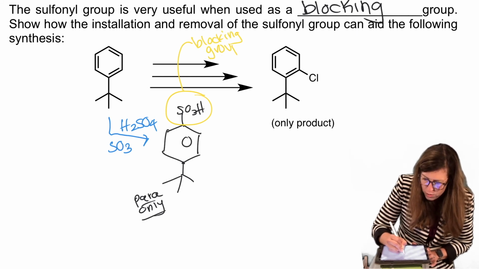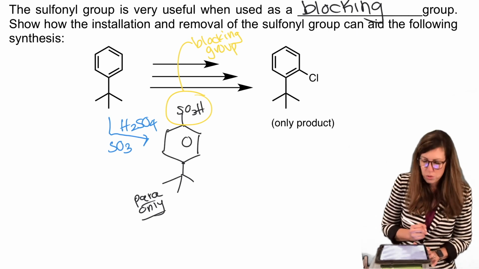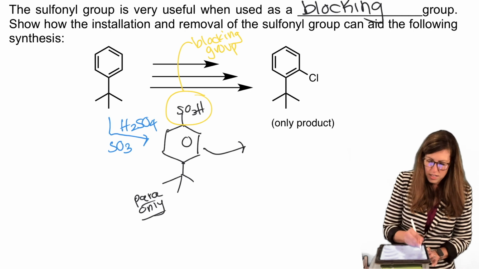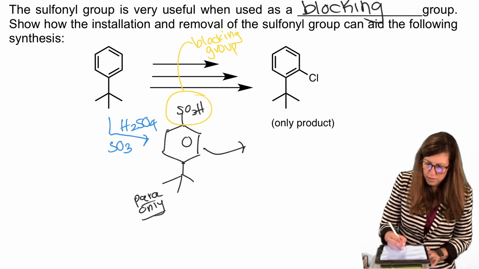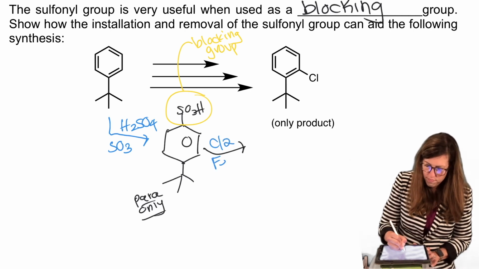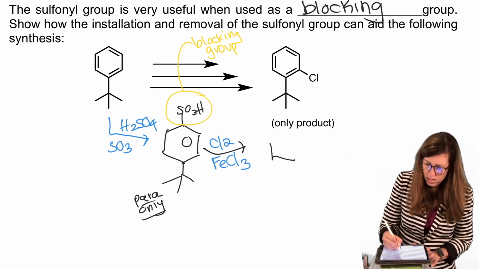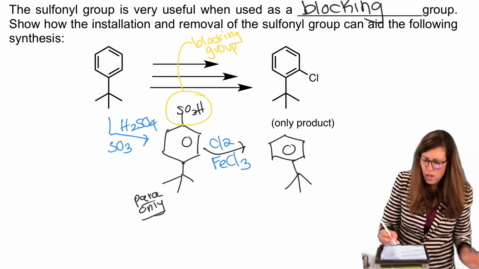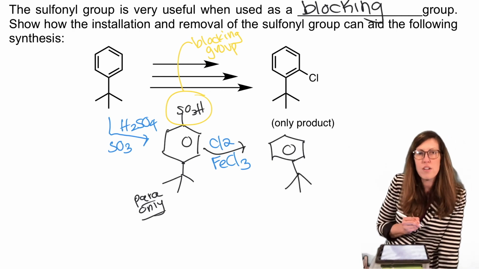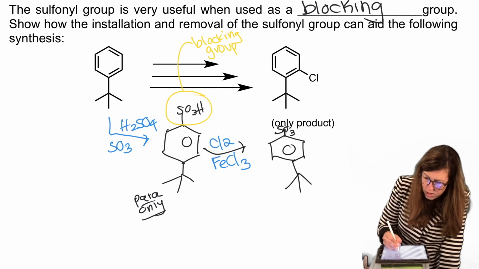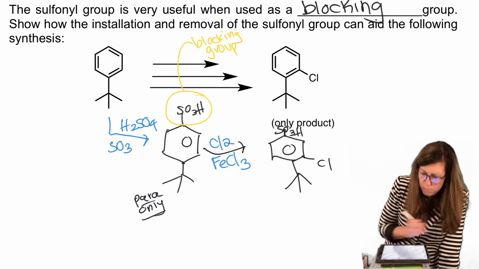It's like you never knew it was there. Right? It's like a secret tool. Then we install the chlorine. So we have, t-butyl says, I don't want to put you ortho because I'm too crowded already, but chlorine says, too bad, somebody's already at the para position, so here I come.